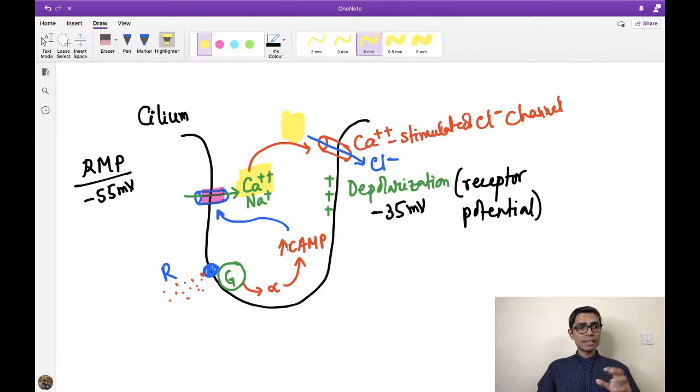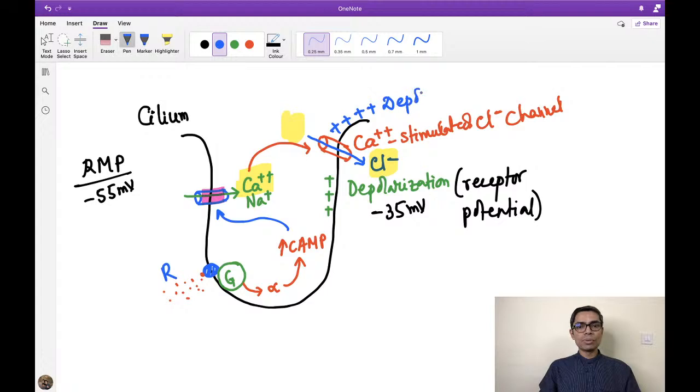Because the chloride concentration is very high inside the cell, this chloride is going out of the cell. Chloride means negative charge, so the cell is losing negative charge. If the cell is losing negative charge, it will become further positive. That means it will lead to further depolarization.